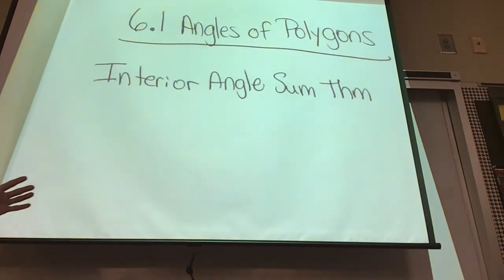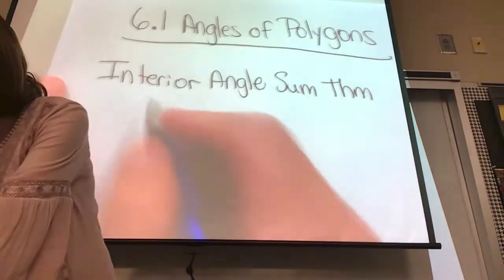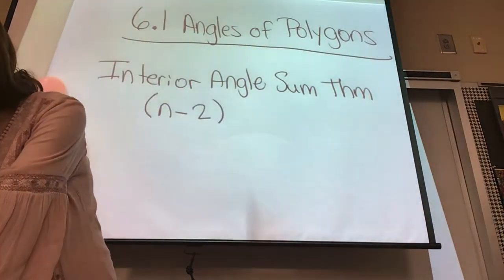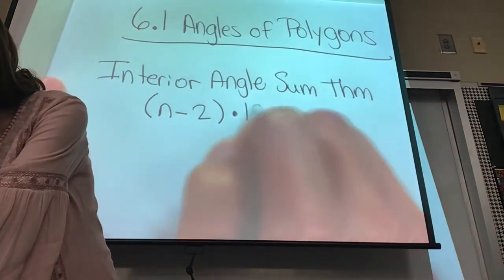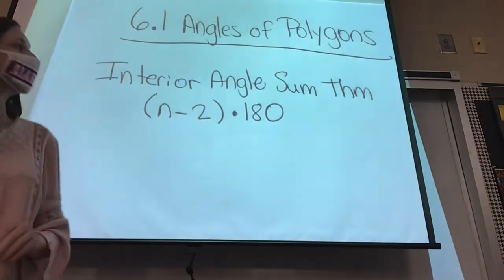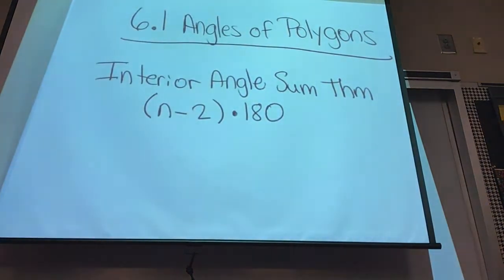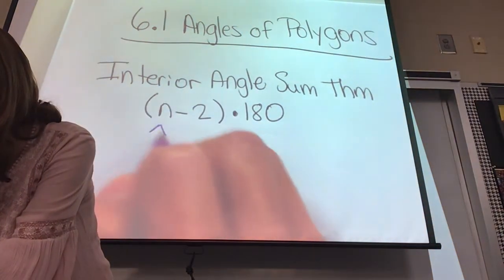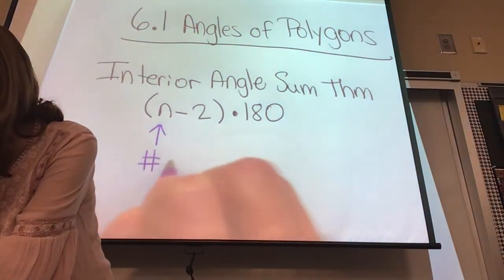So our theorem is (n minus 2) times 180. So here's our theorem. Now, n in this problem represents the number of sides.